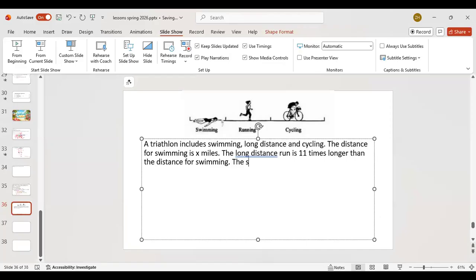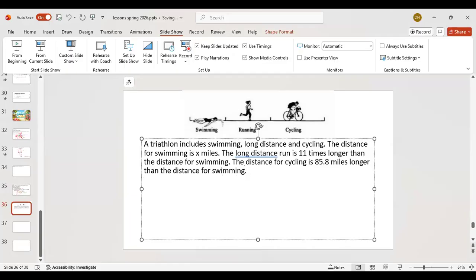The distance for cycling is 85.8, there's a decimal, miles longer than the distance for swimming.